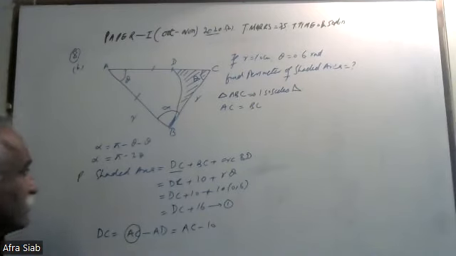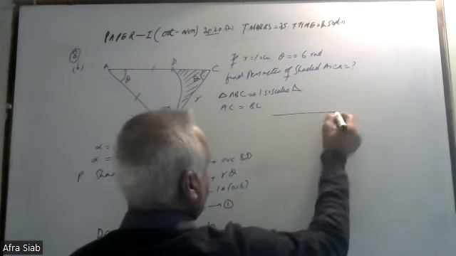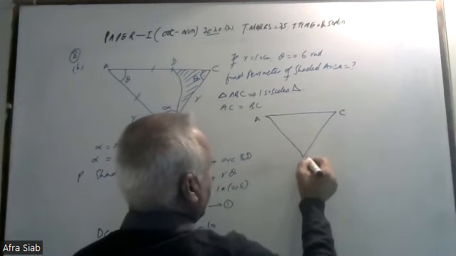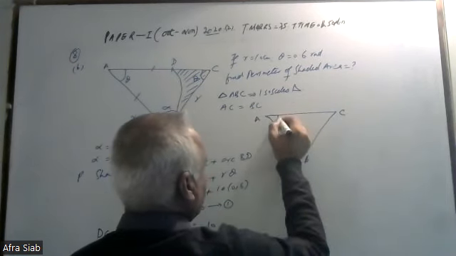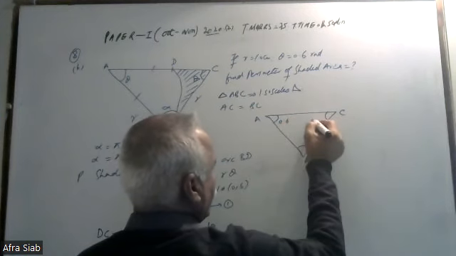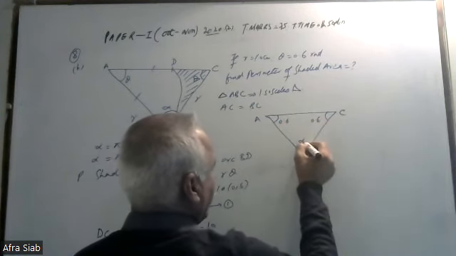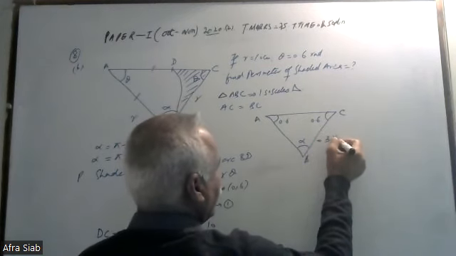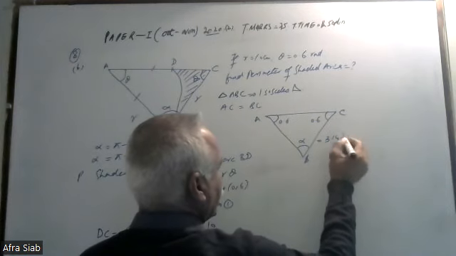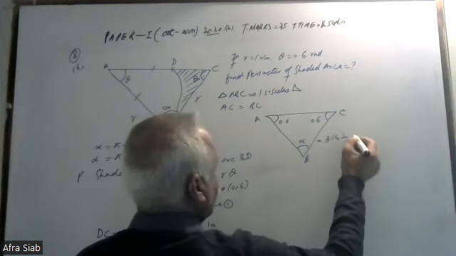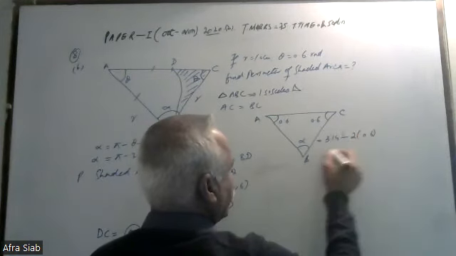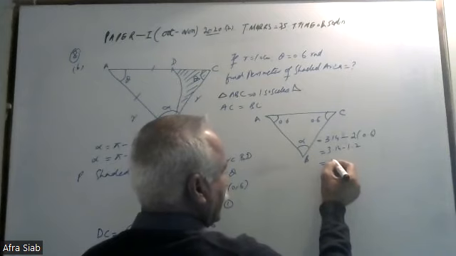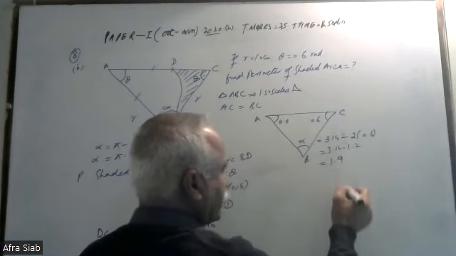Now AC is in this triangle ACB. This is 0.6, this is 0.6. So this angle is alpha, that is equal to pi, that is 3.14, minus 2 theta, 2 into 0.6, that is 1.2. It is equal to 1.94.